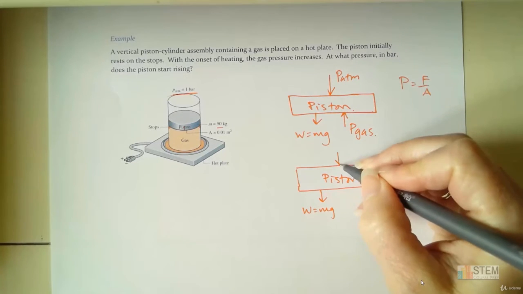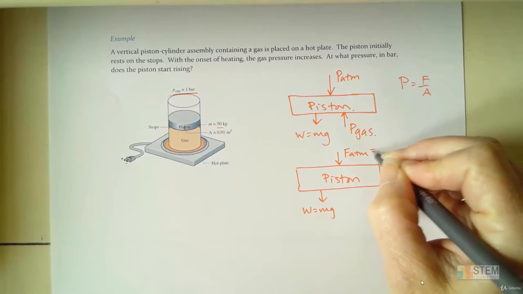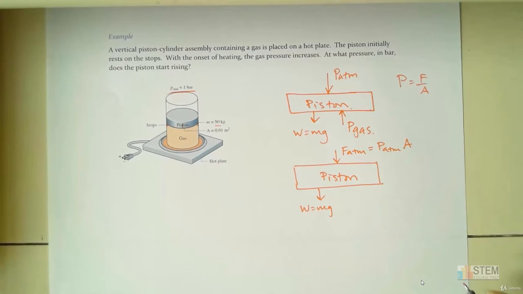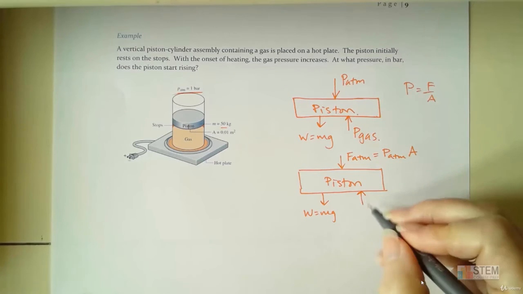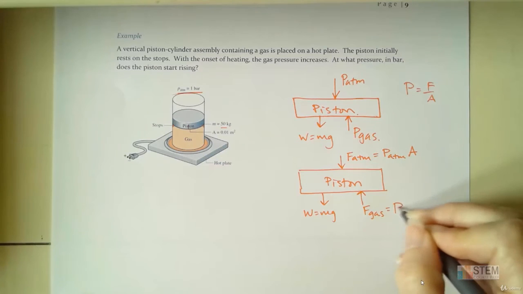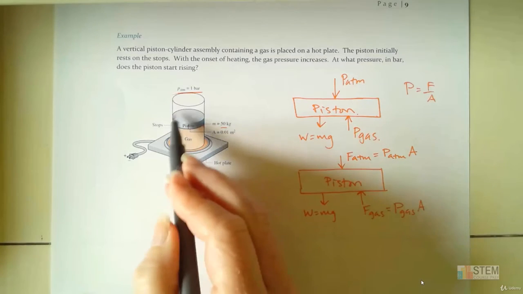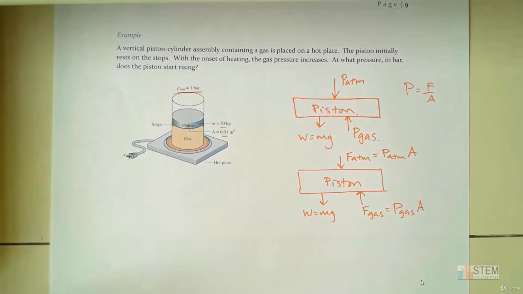So we can say the force due to the atmospheric pressure equals atmospheric pressure times area. And the same thing for the gas: the force due to the gas is the gas pressure times area. These areas are the surface areas of the piston, all the area that's in contact with the gas or the atmosphere. That's given to us as 0.01.